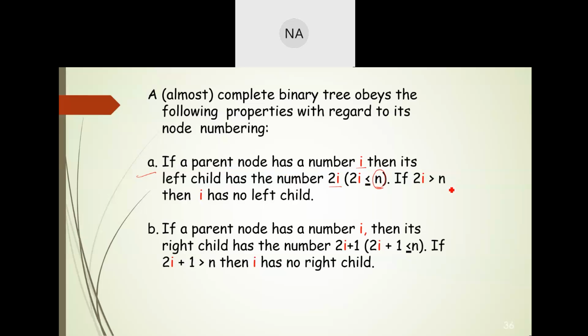If 2i is greater than n, then i has no left child, right? So if the index is greater than the number of nodes, it means there is no left child. Likewise, if a parent node has number i, then its right child has number 2i plus 1. If 2i plus 1 is greater than n, then i has no right child.